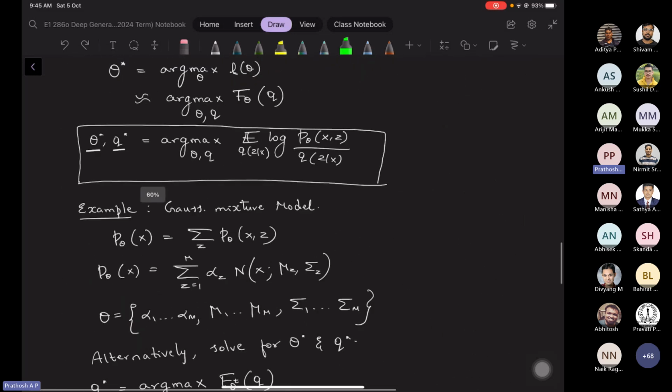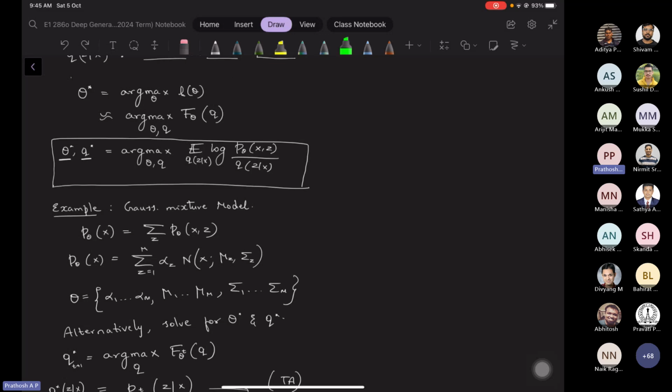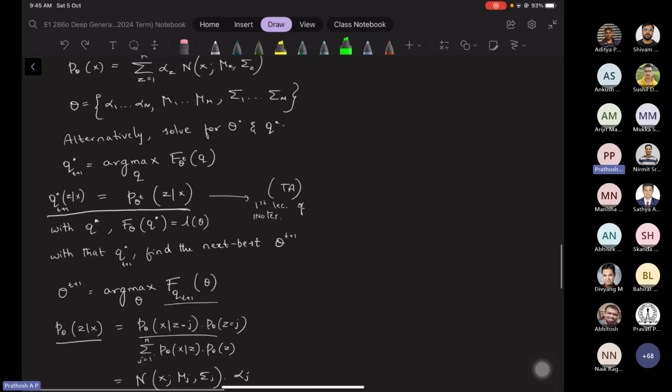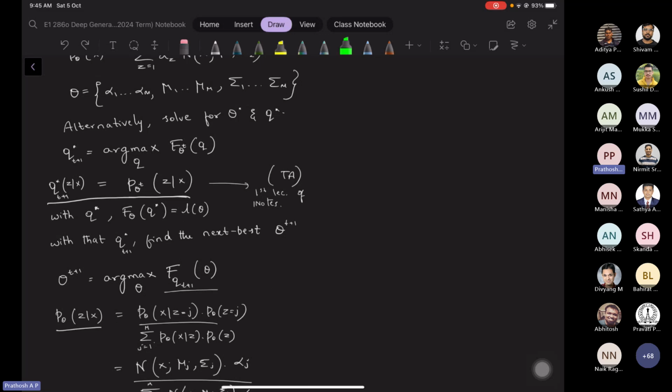It is very, very important. So now the goal is to find model parameters theta and the variational distribution, or the latent variable distribution q, together, right? Now there is a result that shows that the optimal distribution over the latent variable is actually p theta of z given x.